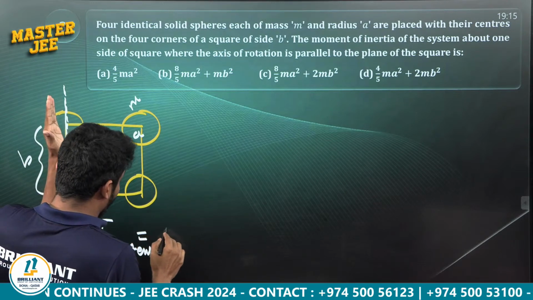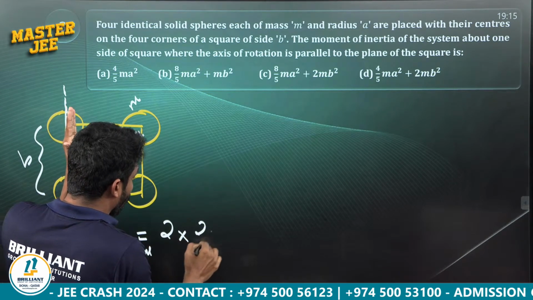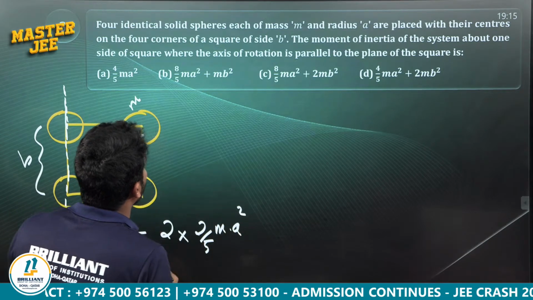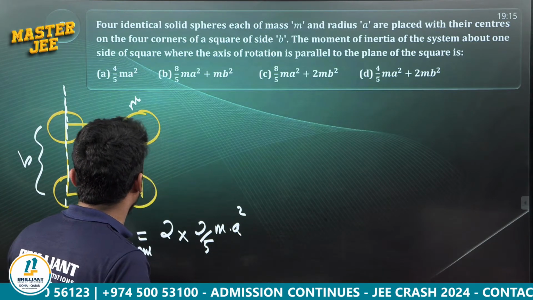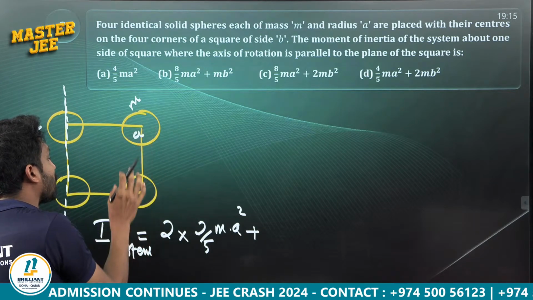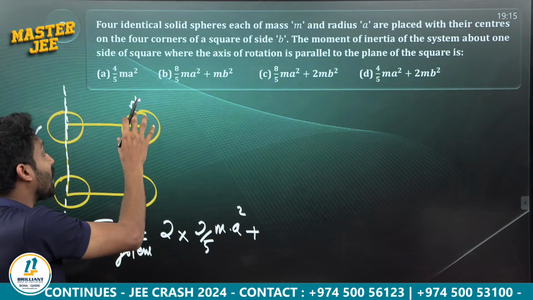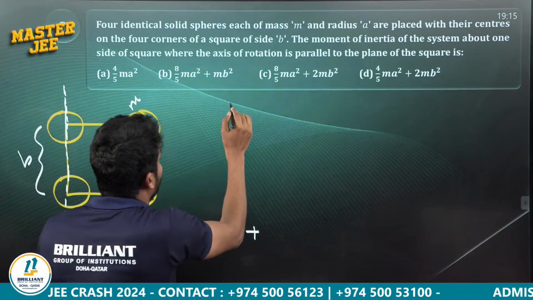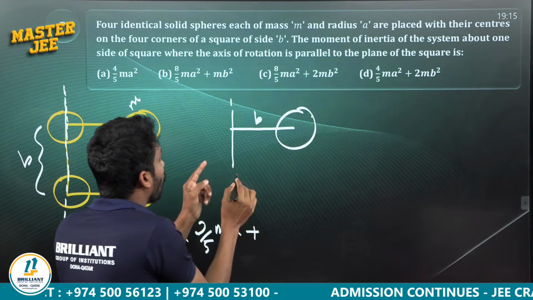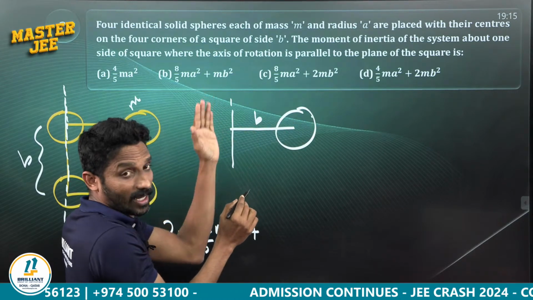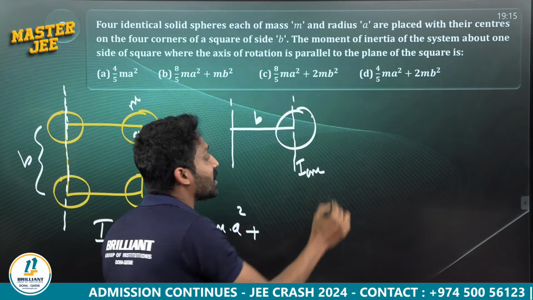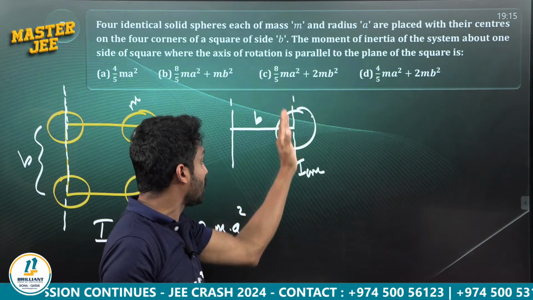So two spheres are there, then 2 into 2 by 5 mass into the square of the radius a, that is 2 into 2 by 5 m a square. Plus the moment of inertia of the other two spheres. How do we calculate it? This is our axis, and at a distance b there is a sphere. We can use the parallel axis theorem. Let ICM be the moment of inertia of this sphere about its own center axis.